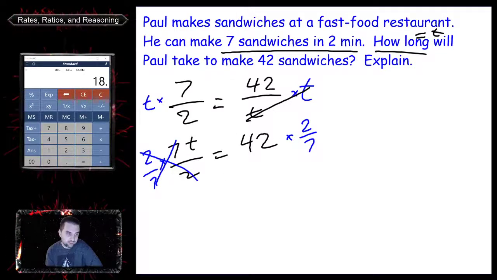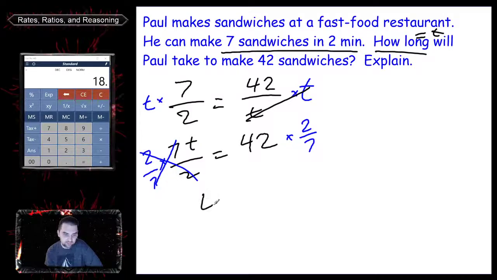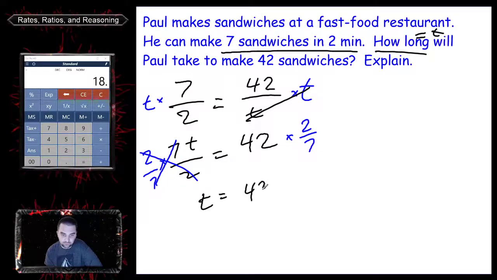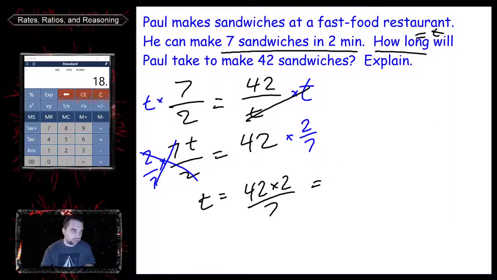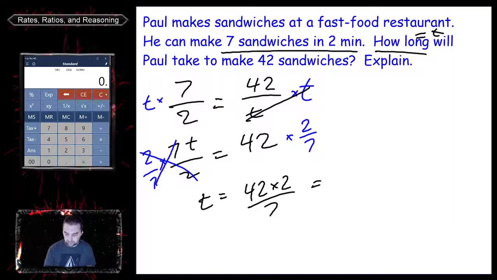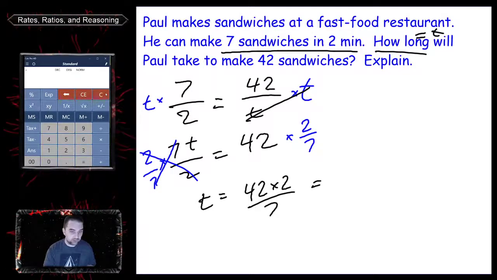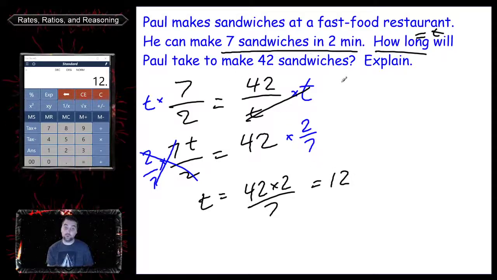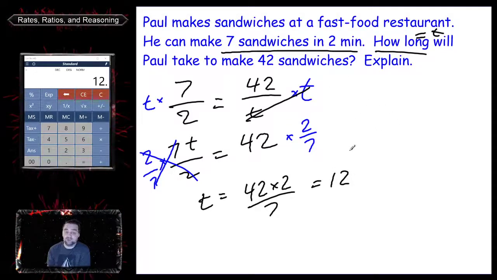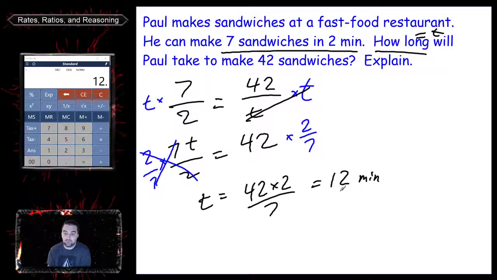And then the other side is just 42 times 2 over 7. What does that get me? That gets me 42 times 2 divided by 7, 12. Apparently, it takes Paul 12 minutes to make 42 sandwiches.